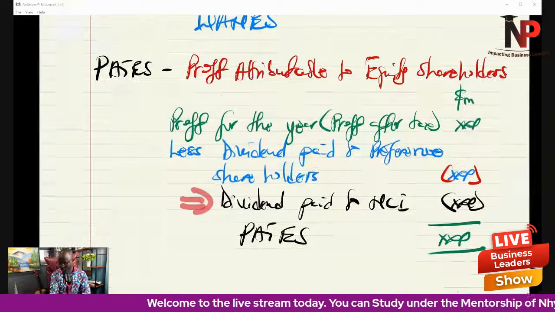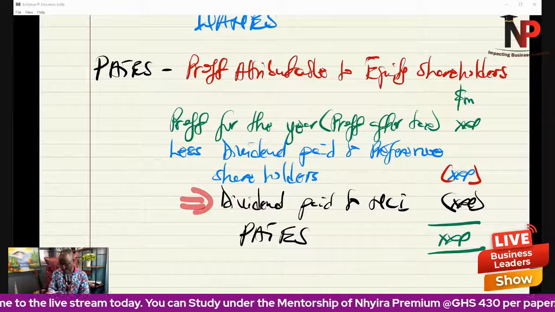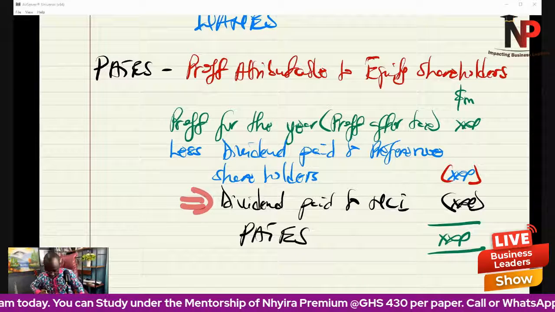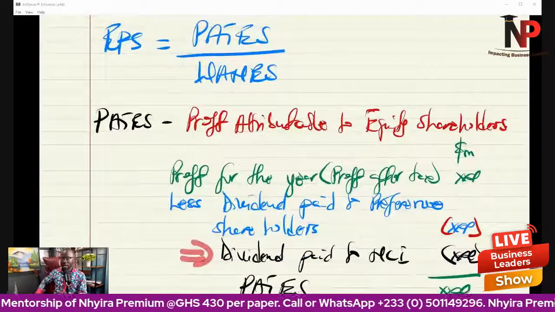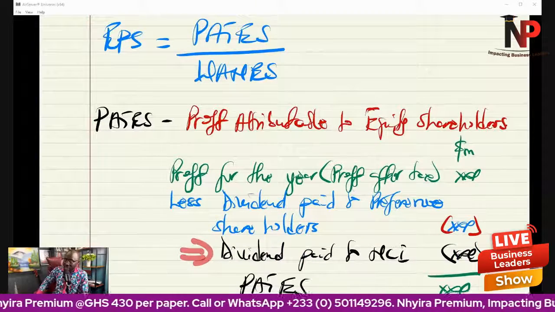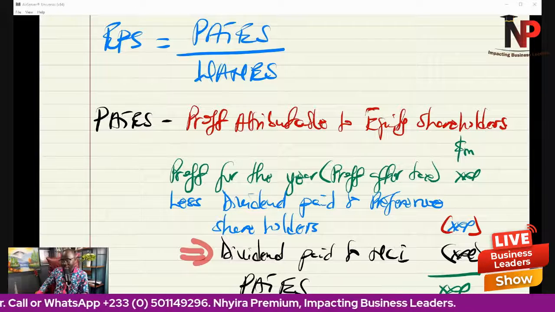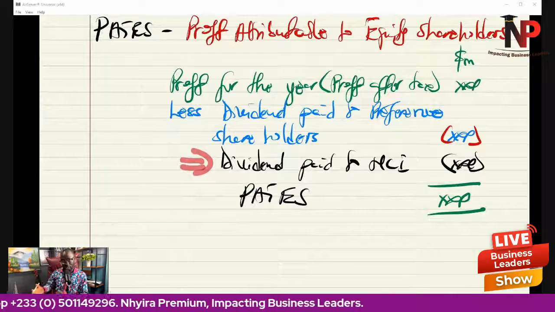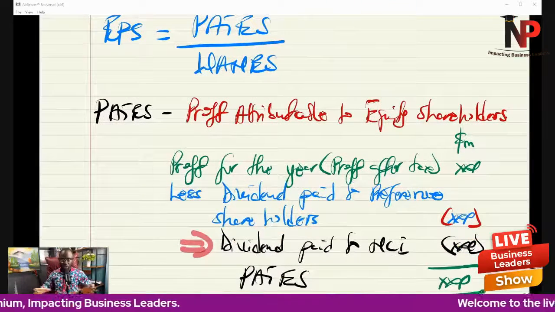Then we go to the next one, and that is going to be the issue relating to WANS, the denominator. Now, remember that depending on where we are standing, usually on the diluted earnings per share, it's likely that the PATES may be adjusted, and we will explain that in detail. We are just talking about the default treatment here.